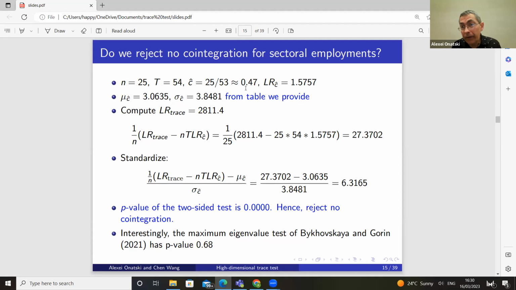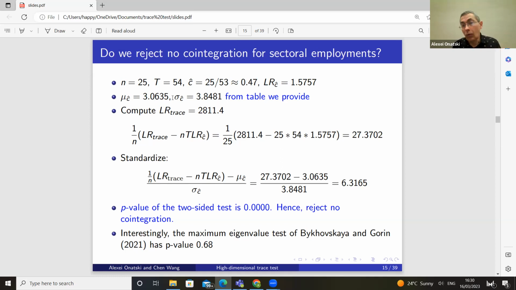It's below 0.5, everything is fine. It's 0.47. Then I will compute this centering thing, which is a combination of 3 logarithms, so you can easily compute it. It's a number like that. Then I will look up mu and sigma from the table.